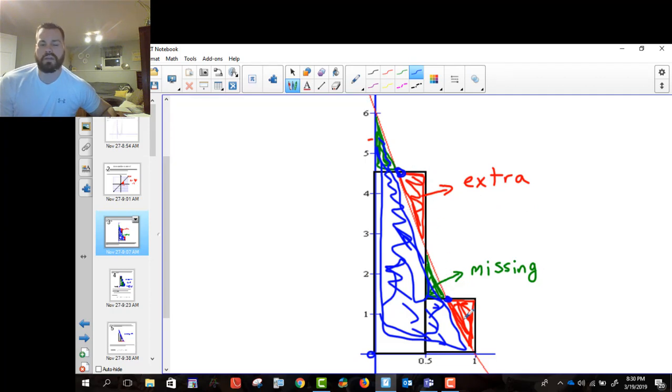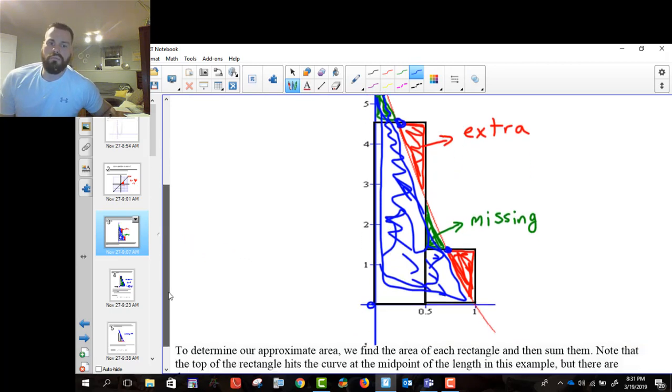Missing some there, a little bit extra there, and these are pretty close to the same amount. So it gives me a general approximation of this blue area by finding the area of those two rectangles. And the rectangles are easy because they're just base times height. The base for each rectangle is 0.5. And the height of this rectangle is 4.5, let's say. Height of that rectangle is around 1.5, and we're good to go.